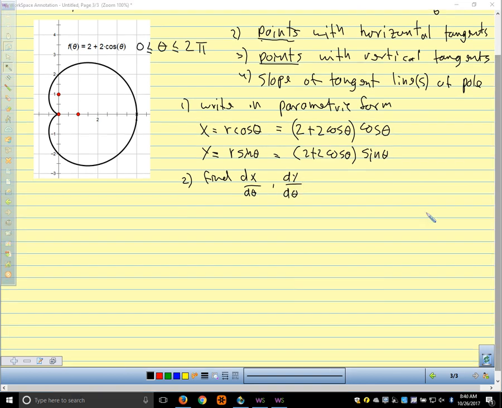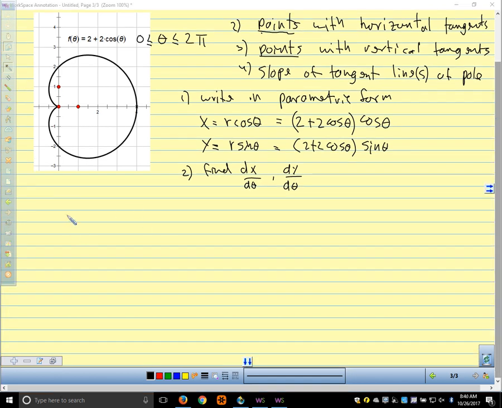All right. So we have our parametric form. We find our derivatives, and then all of our other information comes from those derivatives. So let's find these derivatives. dx d theta.